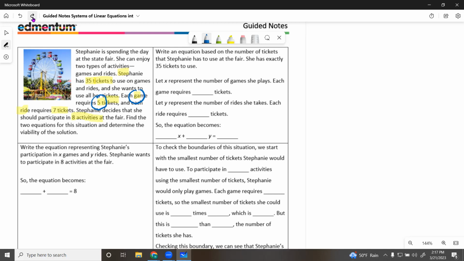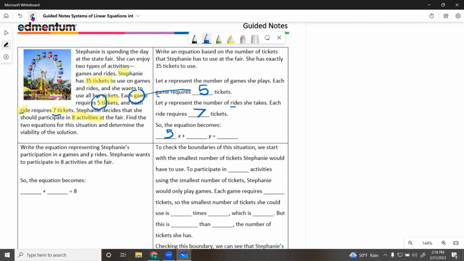So we take the game, right? And it says let X represent the number of games she plays. So it says there's 5 tickets per game. So each game requires 5 tickets. Let Y represent the number of rides she takes. So each ride requires how many tickets? 7 tickets. Yes.